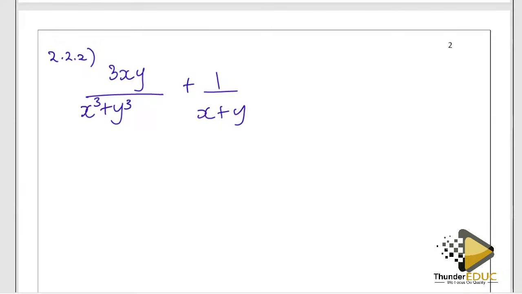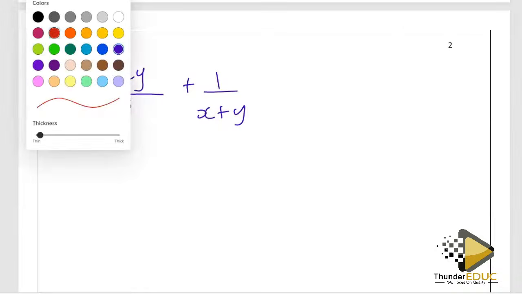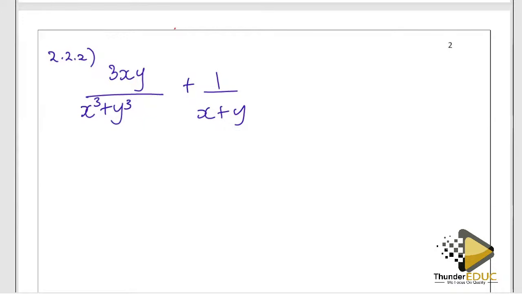Since we have an addition, all we're going to do is find the LCD, but let me just do this very fast. I'm going to get this multiplied by this, and then this multiplied by the 1 over this entire thing.